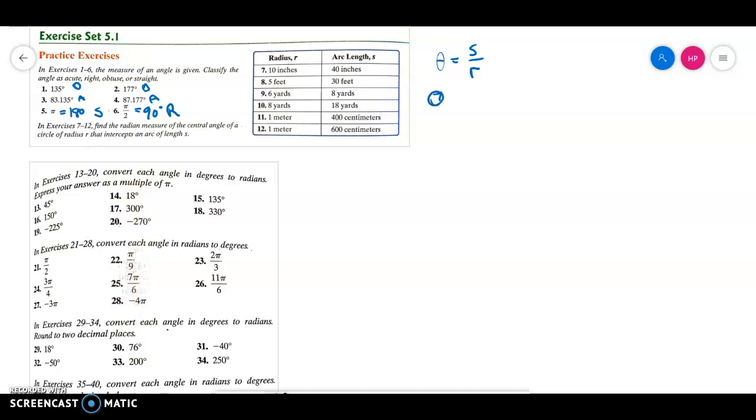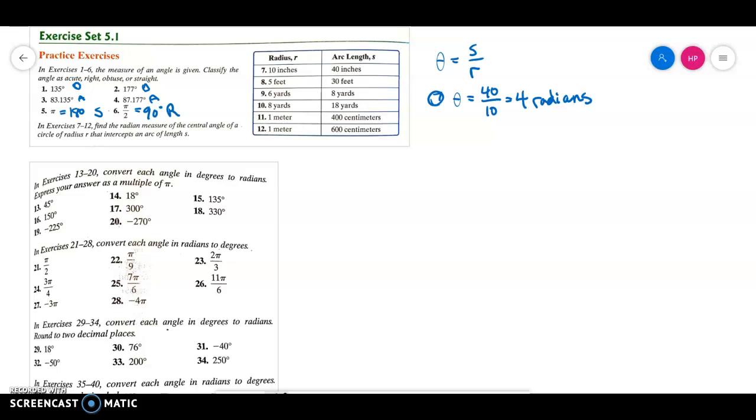So for number 7, we would simply have 40 inches divided by 10 inches, or a length of 4 radians. That whole set of problems is that easy, so I'm not going to waste my 15 free minutes of my video working through those. I think we can handle each of these.